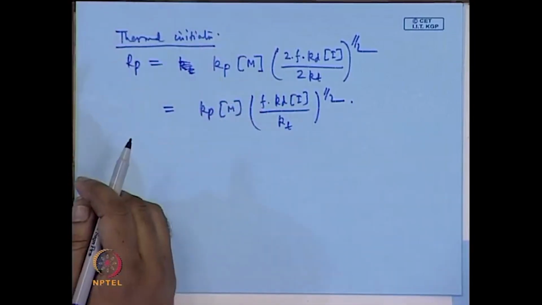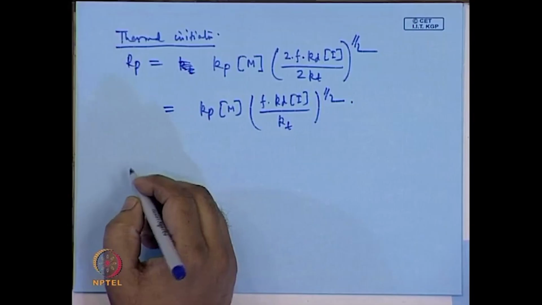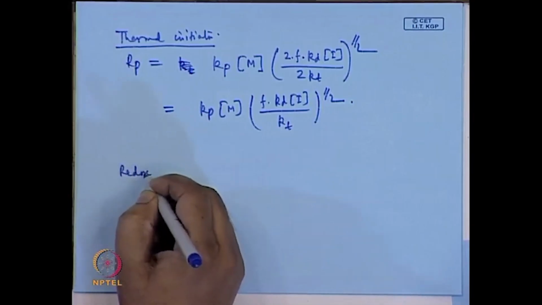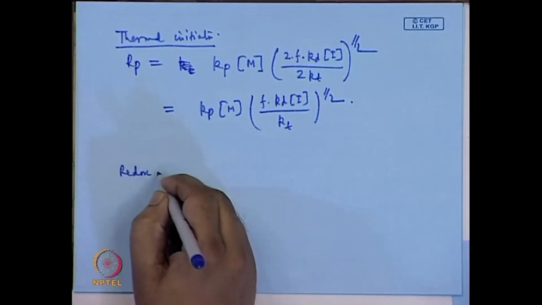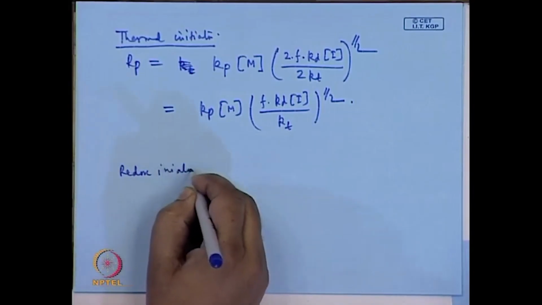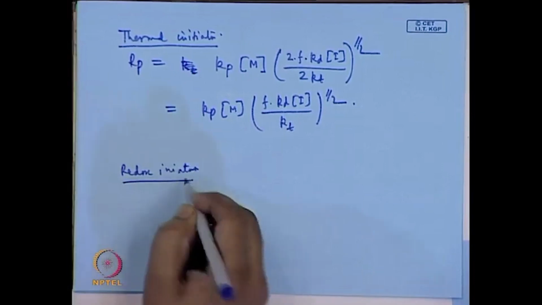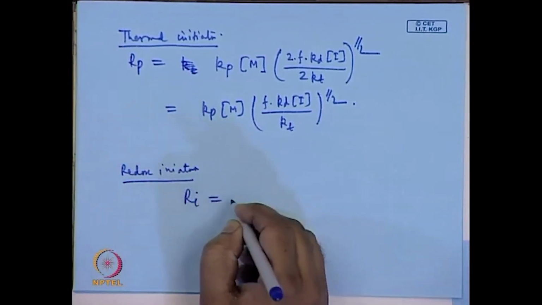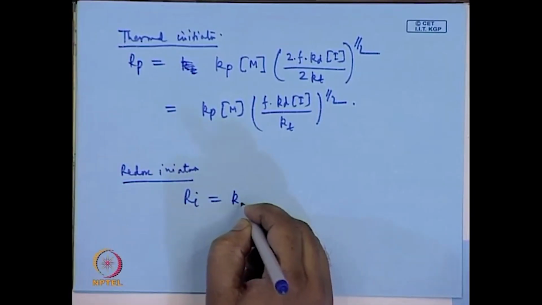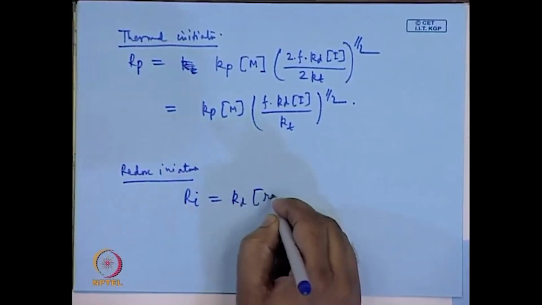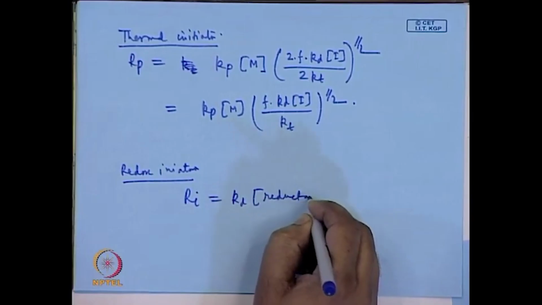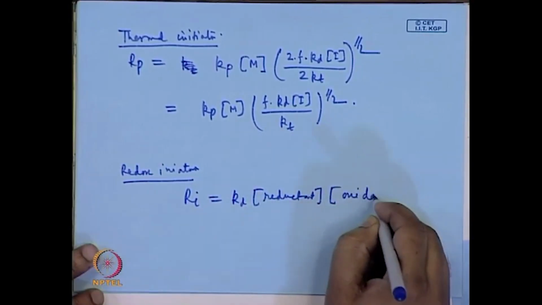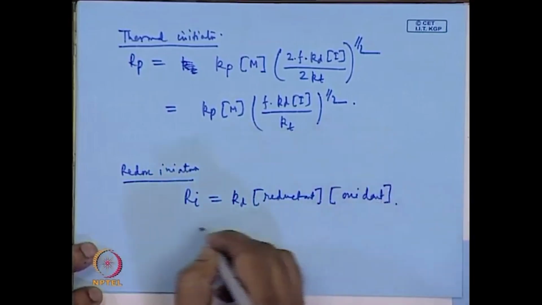What would it look like for a redox initiator? For redox initiator, the rate of initiation is Kd times concentration of reductant times oxidant.